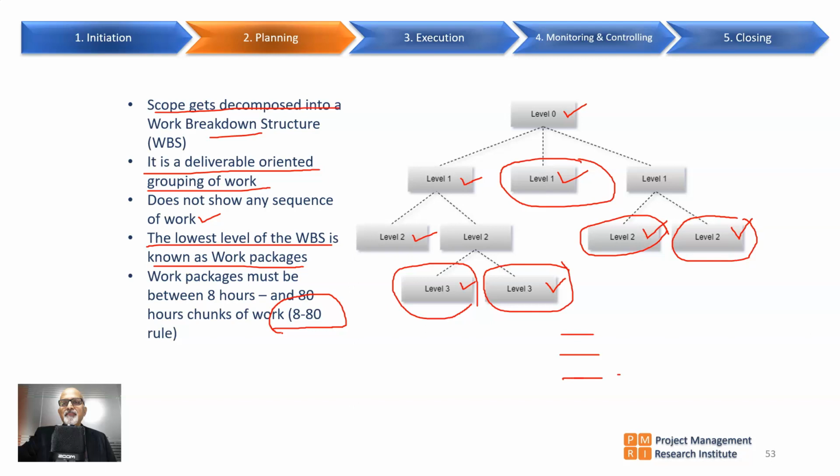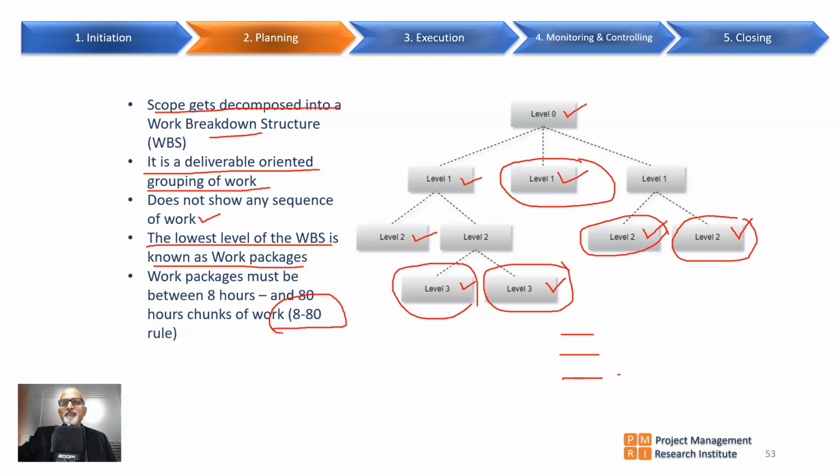You can violate it because this is a guideline. For a project like the Burj Khalifa, the tallest tower in the world, even 80-hour work packages can be very small. So the work package sizing should be much higher than 80 hours, or for Dubai World or Dubai Palm or whatever.